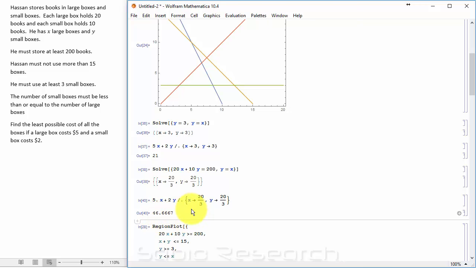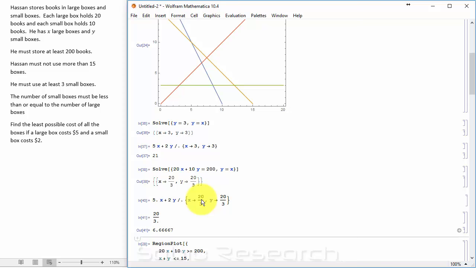However, can I have this 20 over 3 boxes? We cannot have fractional boxes here. So if anything, we have to round it up. So what is 20 over 3? That's 6. Sorry, we've got to get 7 boxes each.